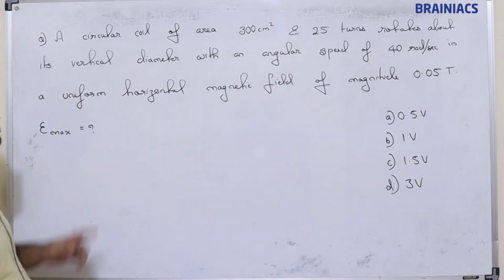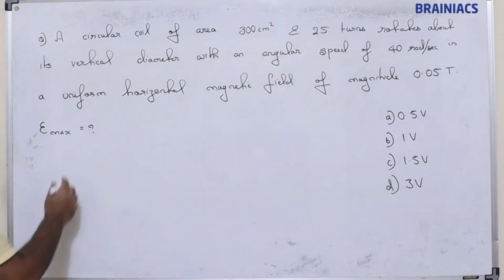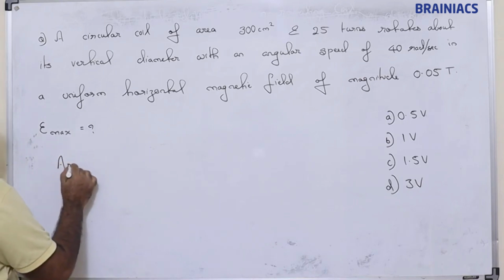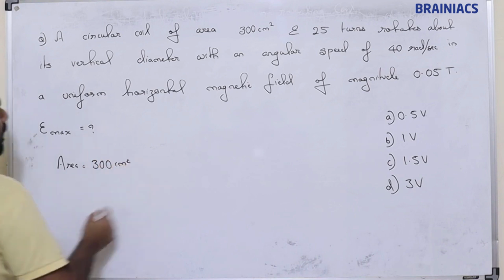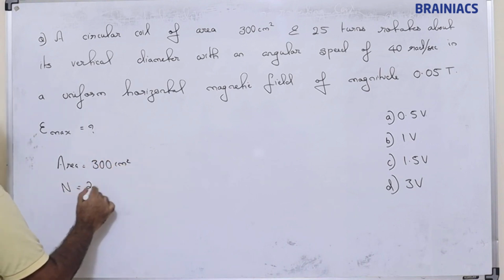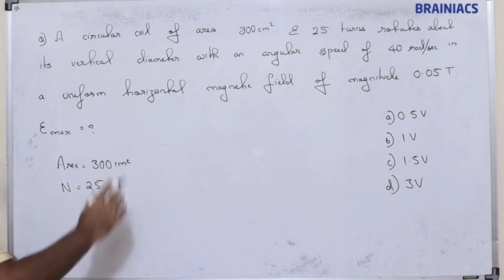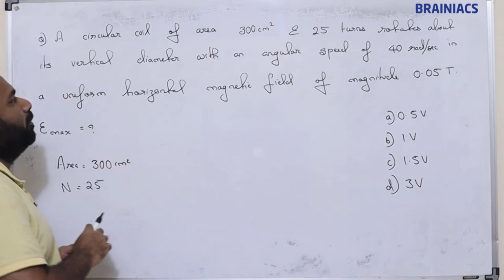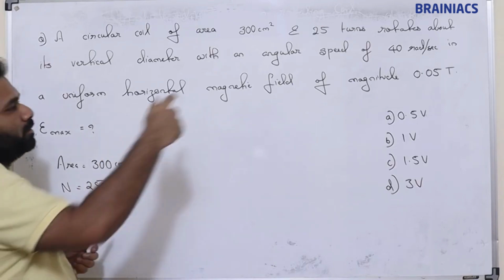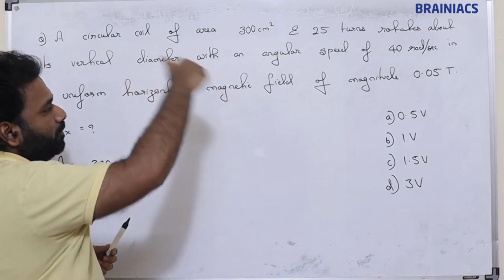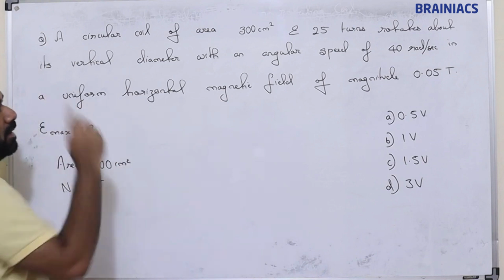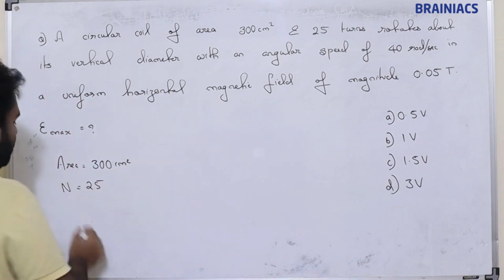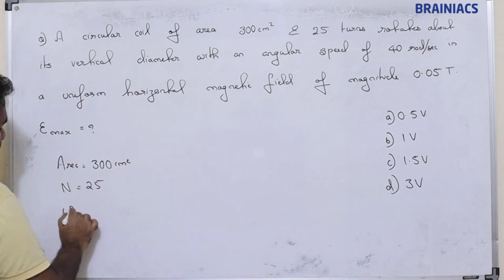Okay students, take this question. A circular coil of area 300 centimeter square and 25 turns rotates about its vertical diameter. Suppose the coil is like this, this is the vertical diameter, so it will be rotating like this at an angular speed of 40 radians per second.